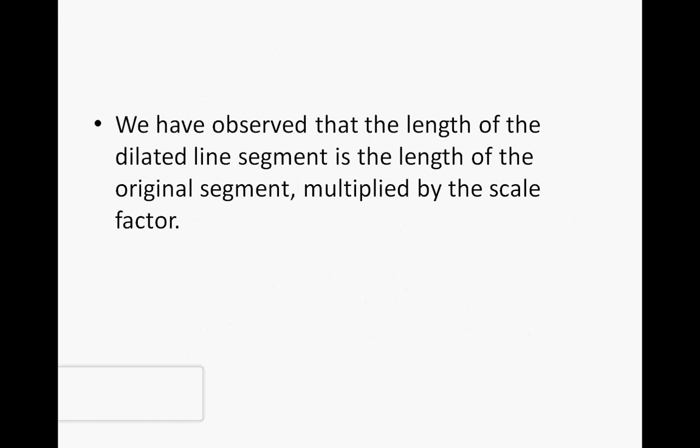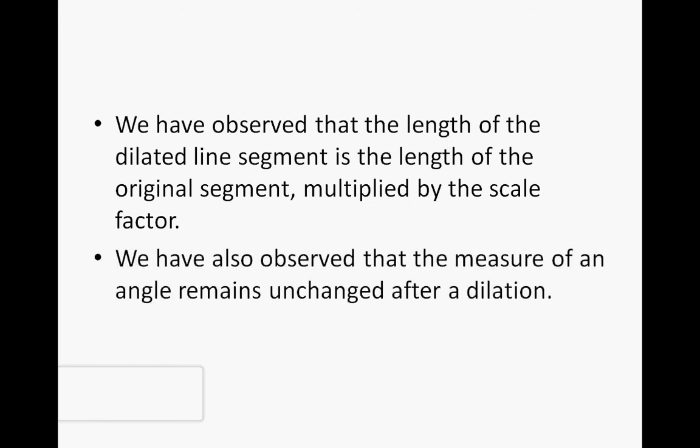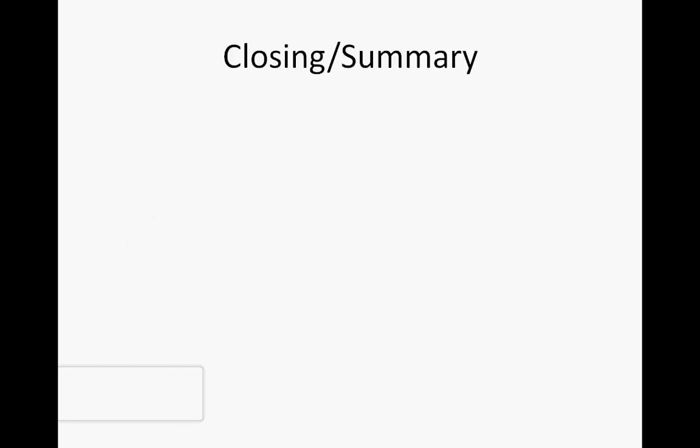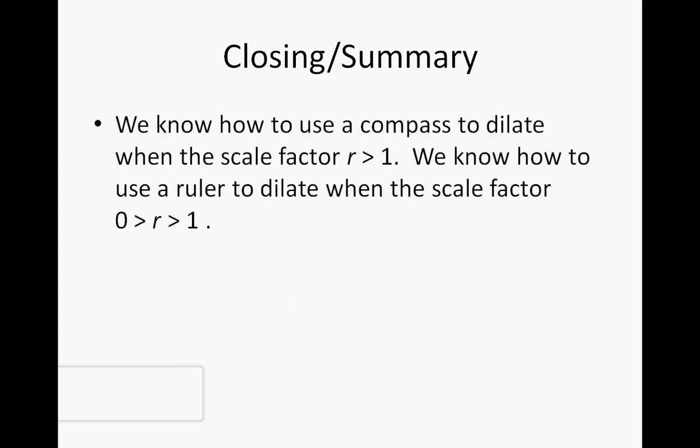So we have observed that the length of a dilated line segment is the length of the original segment multiplied by a scale factor. We have also observed that the measure of an angle remains unchanged after a dilation. So, in summary, we know how to use a compass to dilate when the scale factor is greater than 1.